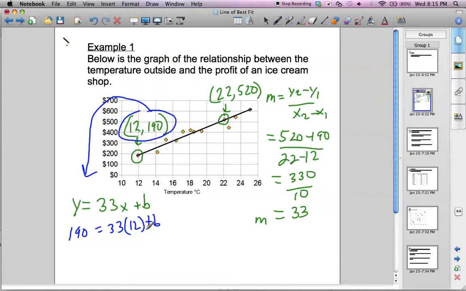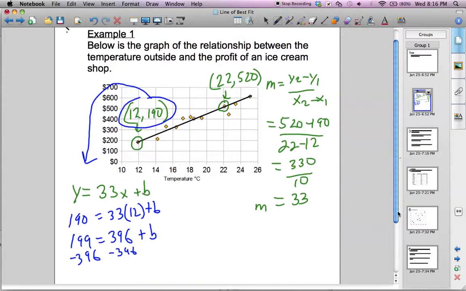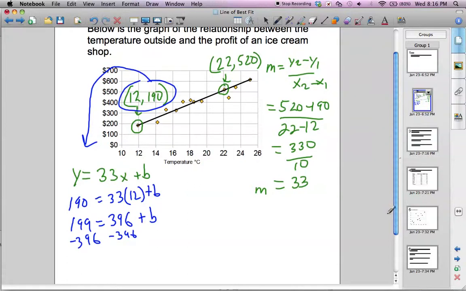We use that to find the y-intercept. Now if we do 33 times 12, we will get 396 plus b, and subtract 396 from both sides. Oops, wait, there's a mistake here, that's 190. So we're going to take 190, subtract 396, and we get negative 206 equals b. So that's the y-intercept.